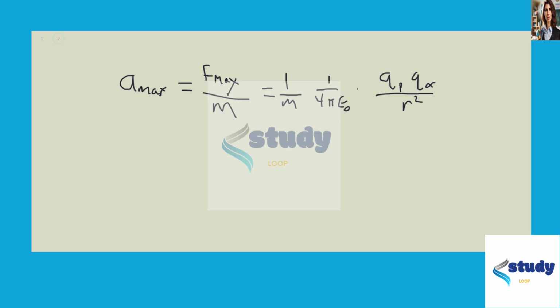Okay, so we can look up some of these constants and plug this in. The charge of a proton is the same as the charge of an electron, which is 1.602 times 10 to the minus 19 coulombs.